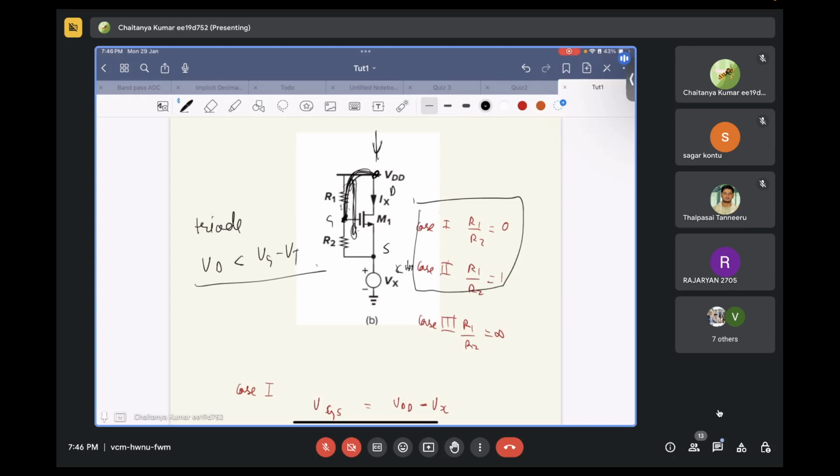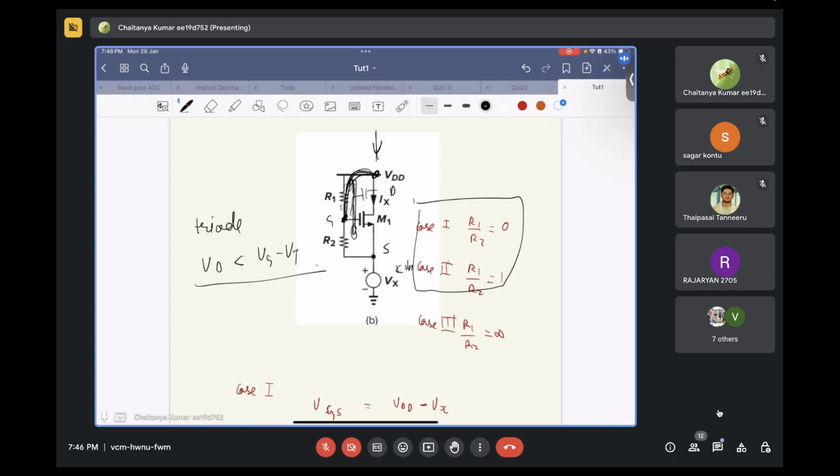A DC connection, mind you. If there is a capacitor, then it's a different story, because a capacitor cannot make DC signal flow. If there is a DC connection between drain and gate, and the drain and source are behaving the way they should, then your transistor can never go into triode region.